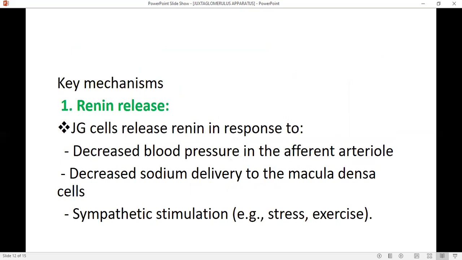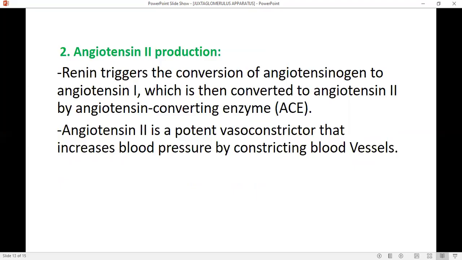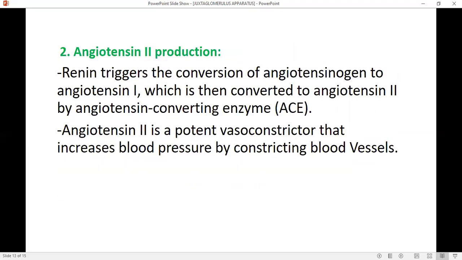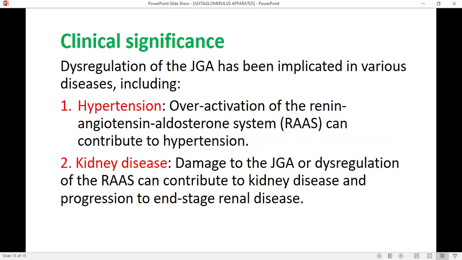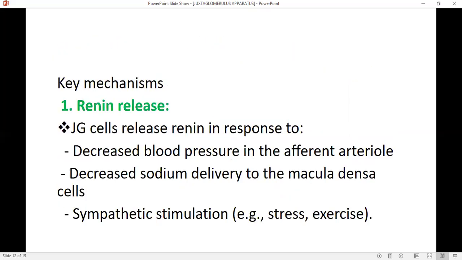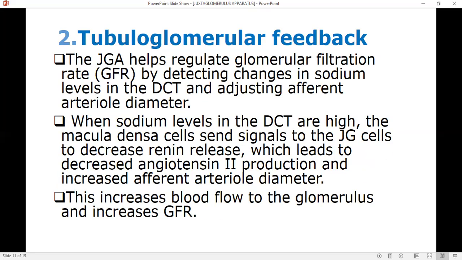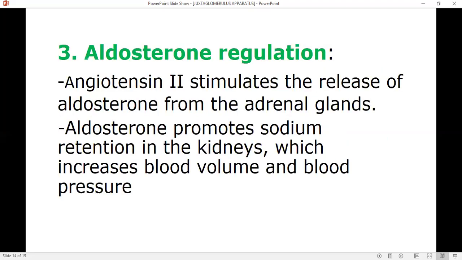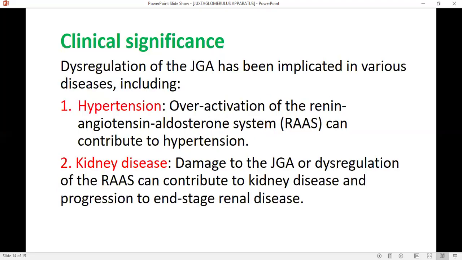These are just key mechanisms as I was explaining. All these are just part of it, but the most important part I wanted to mention is what these cells do. These ones are actually simple. I've already explained them. Then there's aldosterone regulation.